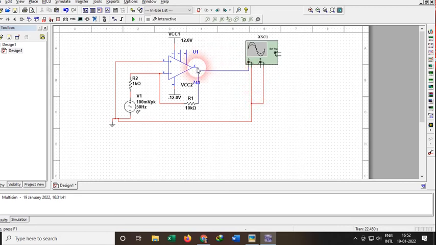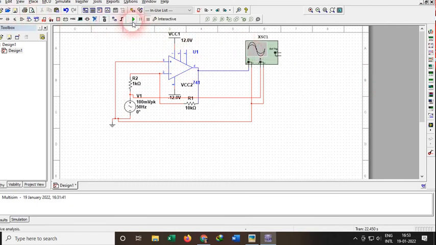Leave the other portions the same. But for checking the input voltage source at this time, I'm going to connect the positive of B to the positive part of this V1. So it looks fine, no issue in this.